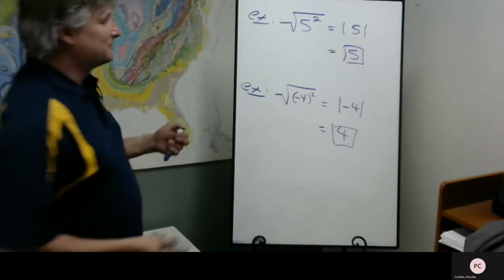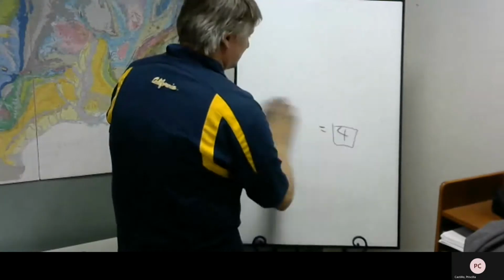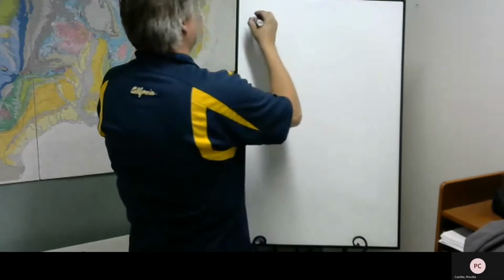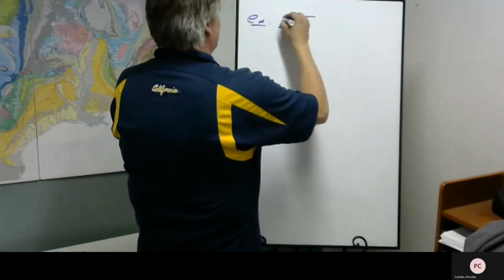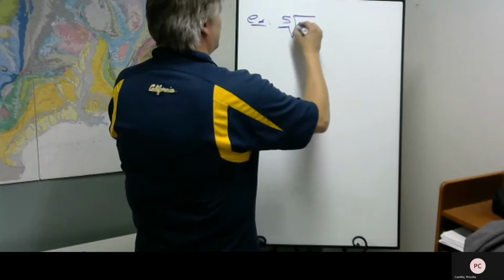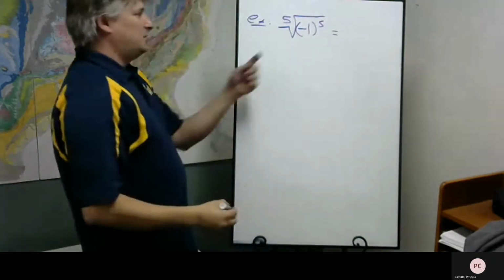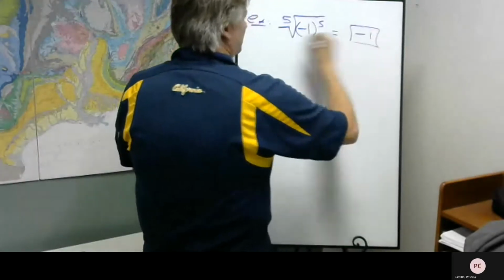Now let's take a look at odd roots. For an odd root, let's say the 5th root of negative 1 to the 5th, well, you just kick the number out. It's just going to be negative 1.